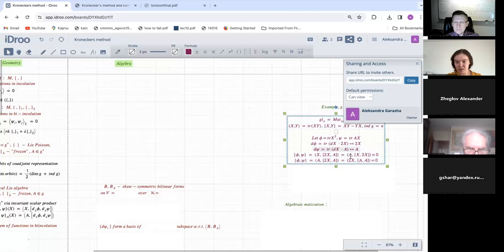It means that we can change the order of these variables, and we obtain 0. For the other Poisson bracket, we also obtain 0. It means that these two functions, phi and psi, are in bi-involution.